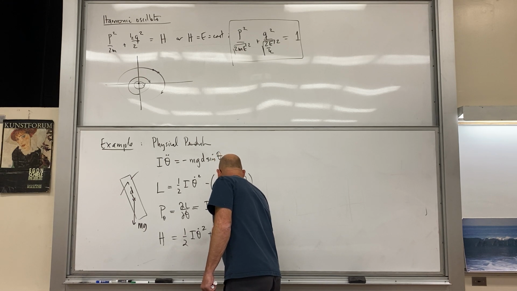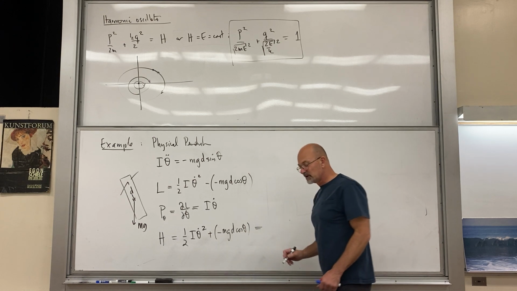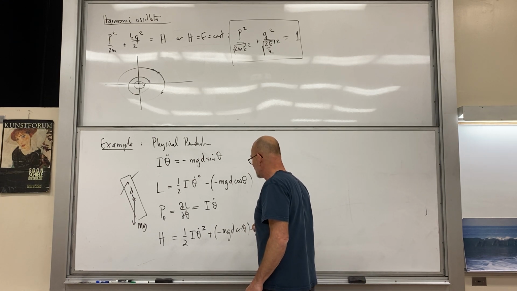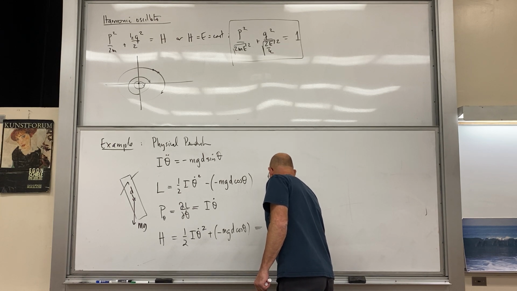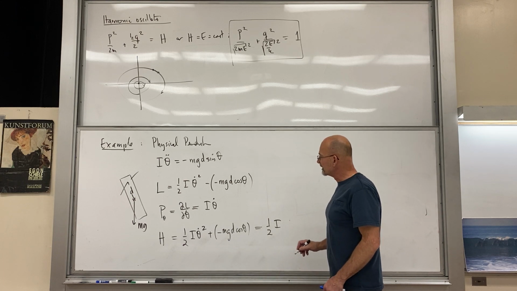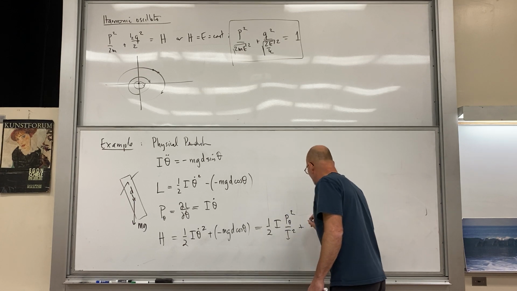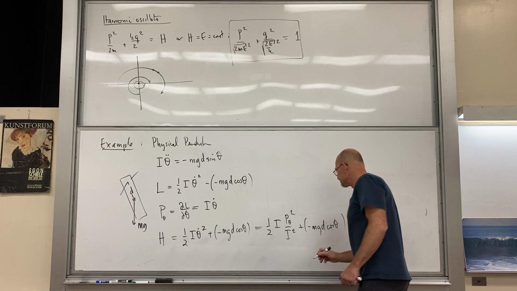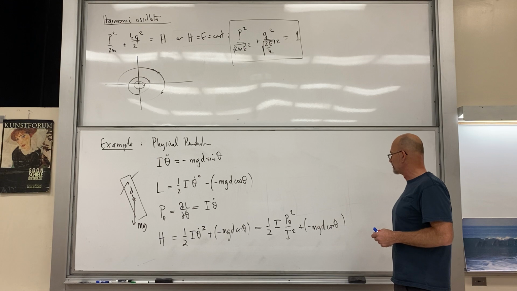Negative mgd cos theta. Okay, now we'll turn it into the Hamiltonian. It'll be P sub theta squared. We'll do both steps. So 1/2 I theta dot squared is P sub theta squared over I squared, negative mgd cos theta. So it works exactly like the mass on the point particle.